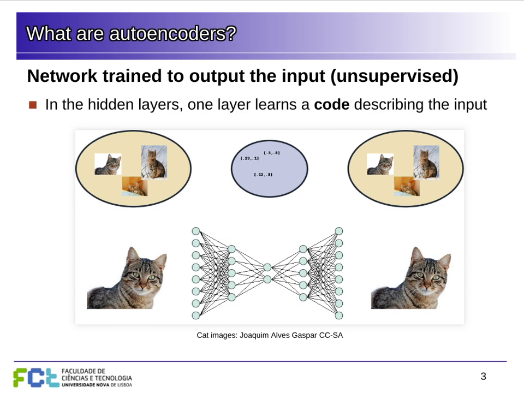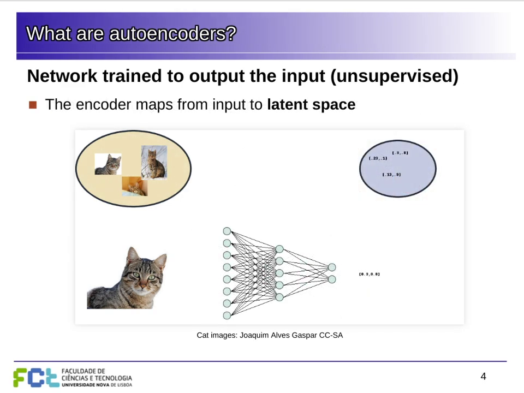So we can think of the autoencoder as divided into two different parts. The first part is an encoder that is mapping from the input into this latent space, this hidden layer here that will represent the input in some encoded manner.